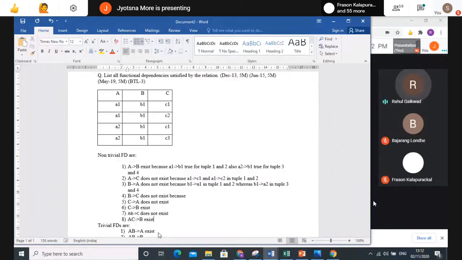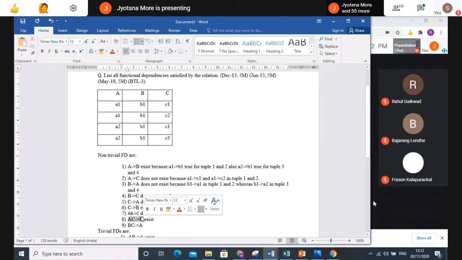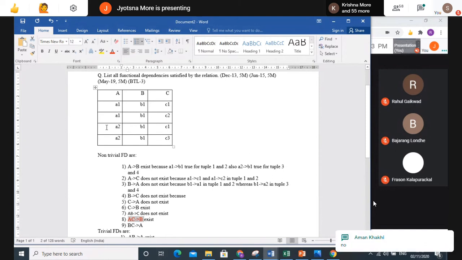BC determines A. Yes. BC determine A. For this, I will give you one more reason, okay? I just highlight it. BC determine A. It exists. B1 C1 determine A1. B1 C1 determine A2. So tuple 1 and 2.